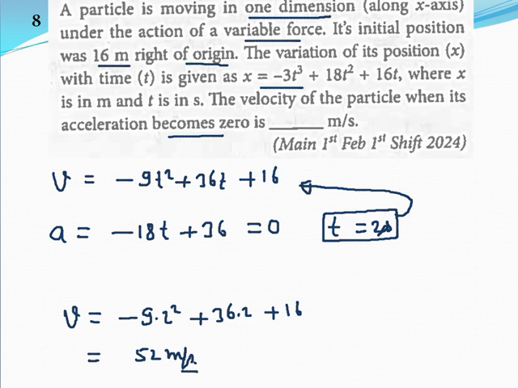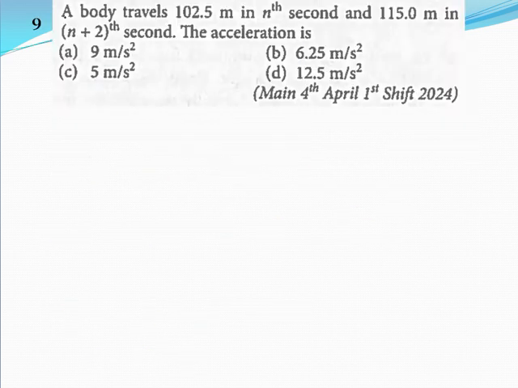Now let us come to the next question, question number 9. A body travels 102.5 meter in nth second and 115 meter in n plus 2th second. We have to find the acceleration. Okay, so what should we do? We know that the distance covered in nth second is u plus a by 2 times 2n minus 1.